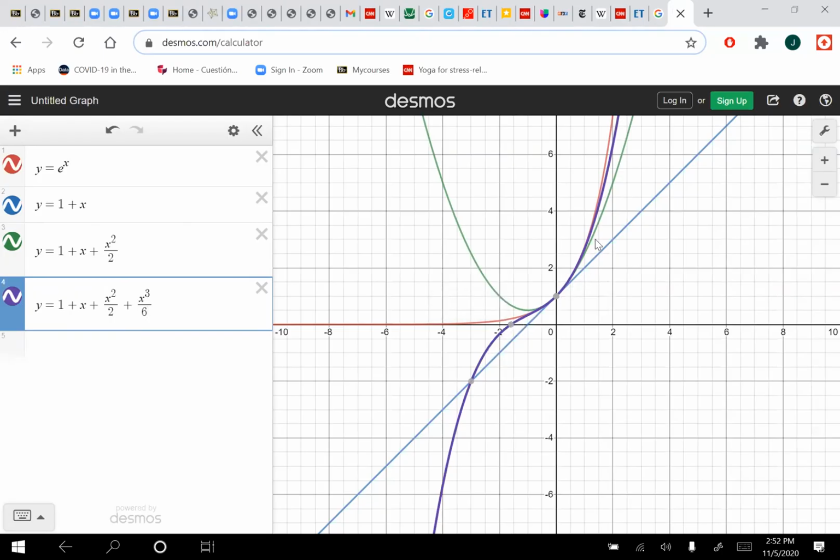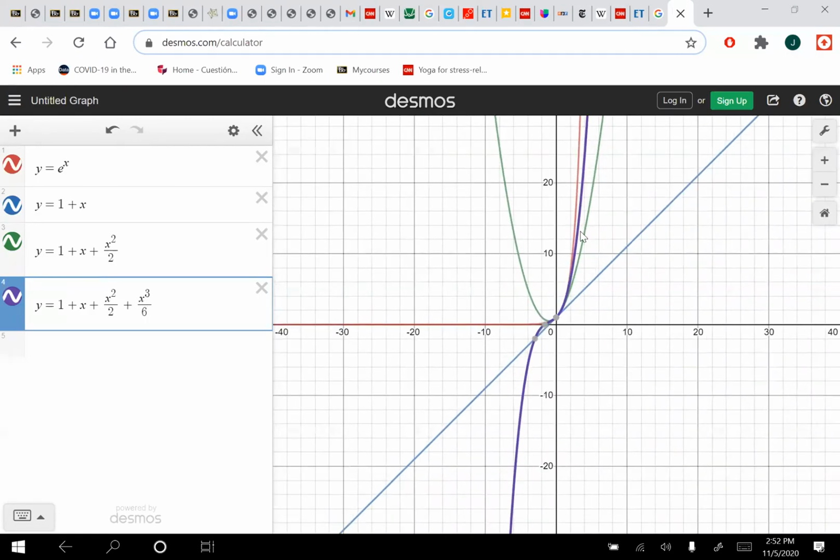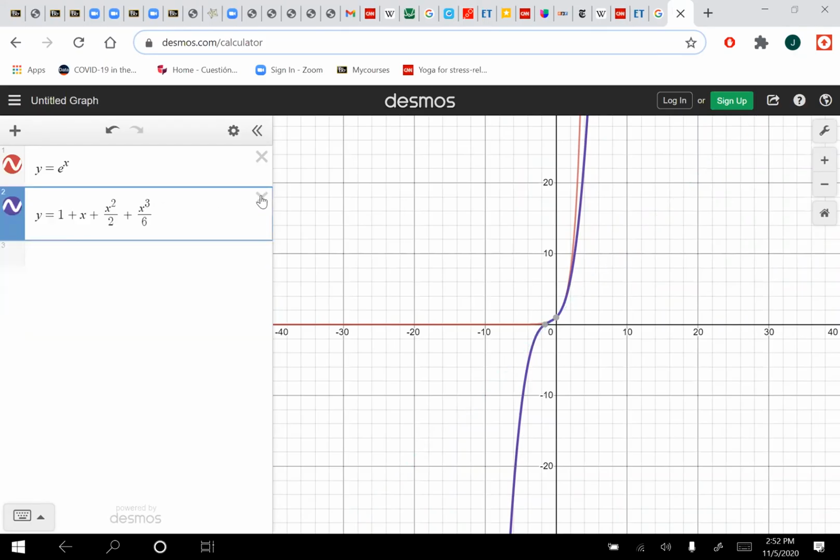This one, the purple. So let me take these two guys out, because I think I convinced you already that this approximation is better, right? Look at that approximation. You see? It's better.